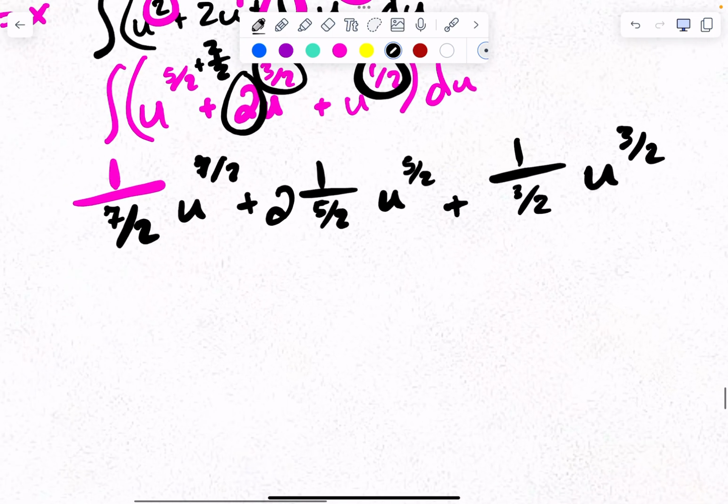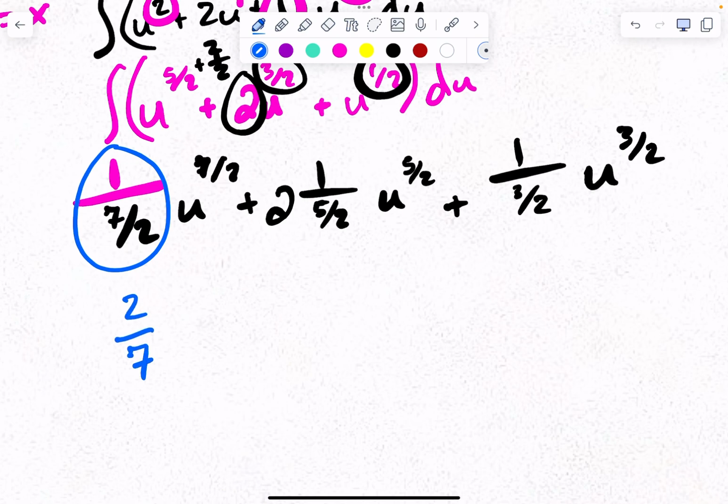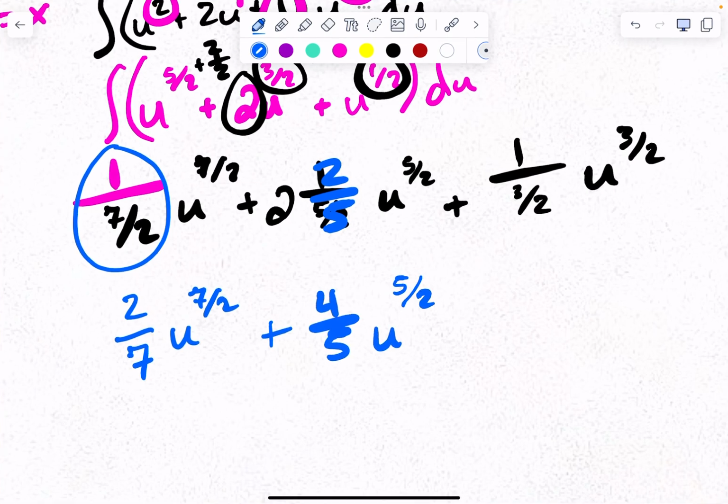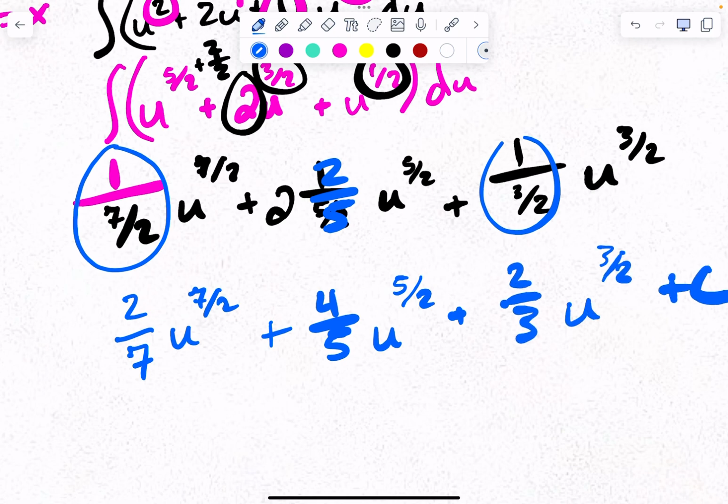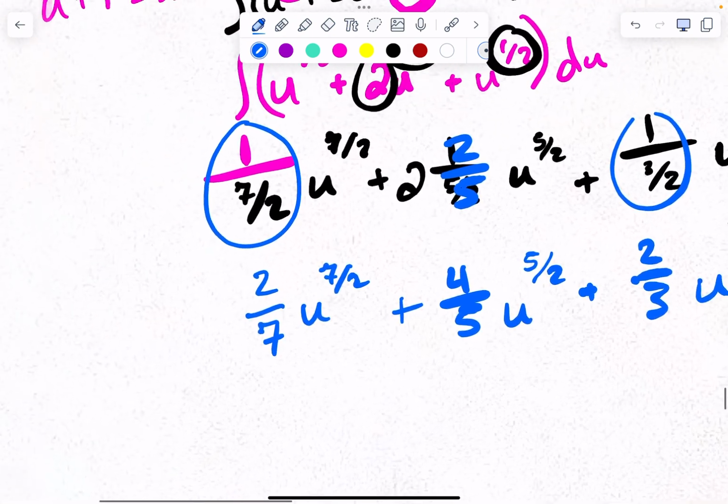Okay, now we fix some stuff. So 1 over 7/2 is 2/7, u to the 7/2. Okay, plus this is 2/5, but we have it times 2, so that will be 4/5, u to the 5/2. This guy will be 2/3, u to the 3/2 plus c, and then last thing, we put it all in for u.